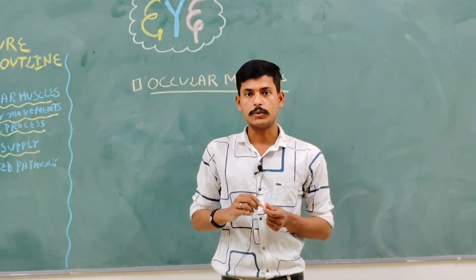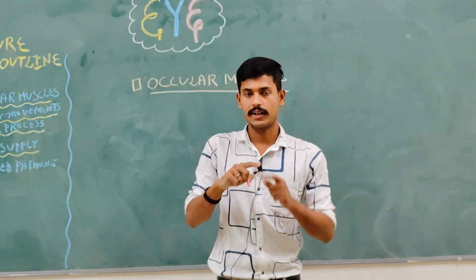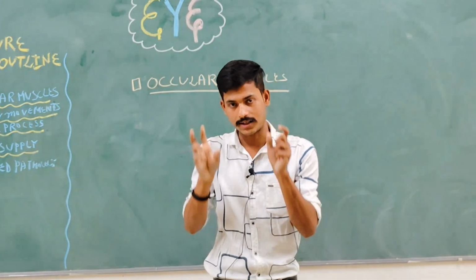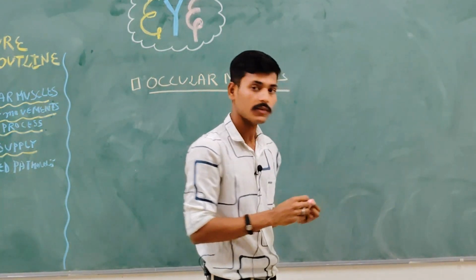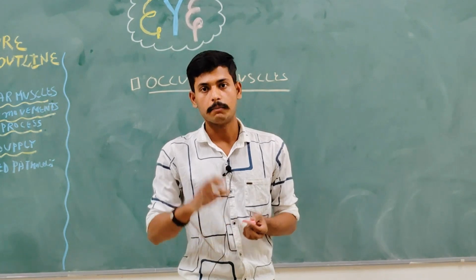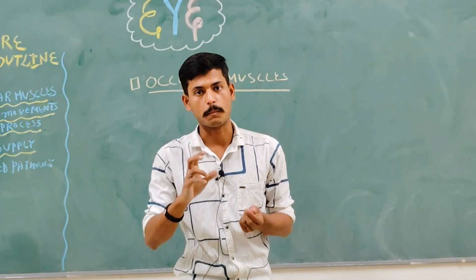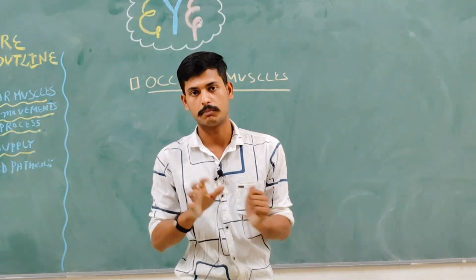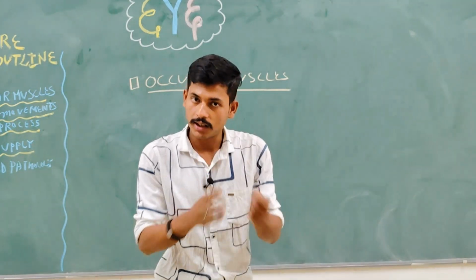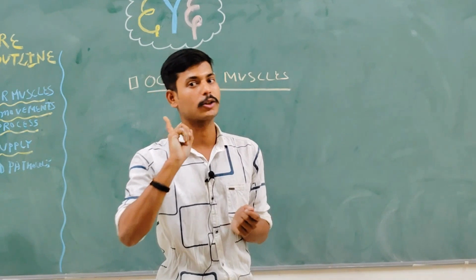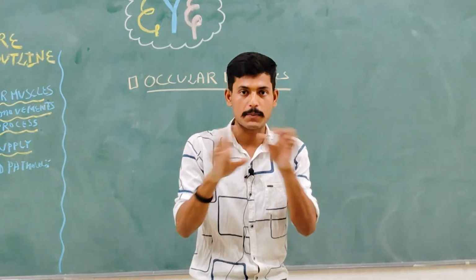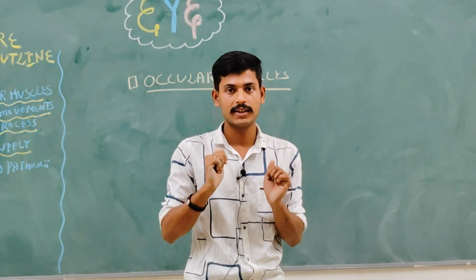But you know that the retina has certain points. The first point is called the blind spot, or the optic disc, where rods and cones are absent.